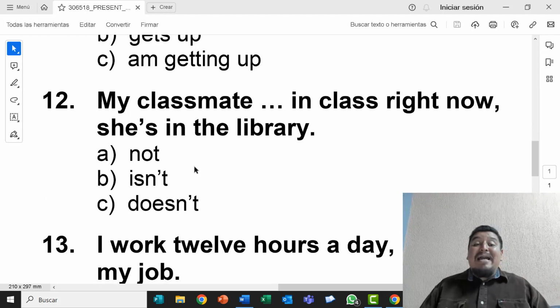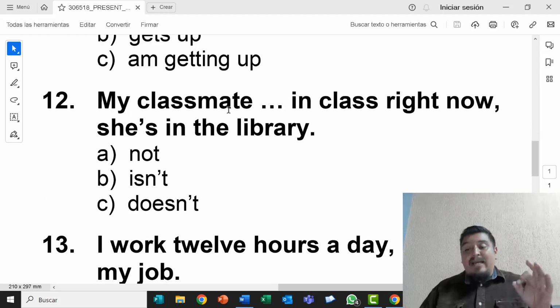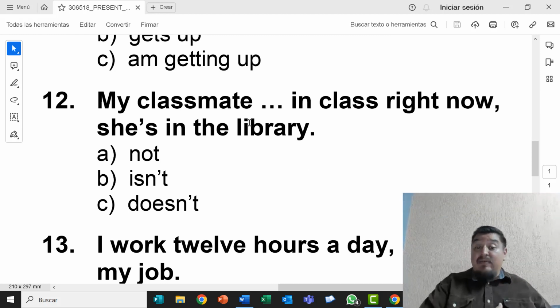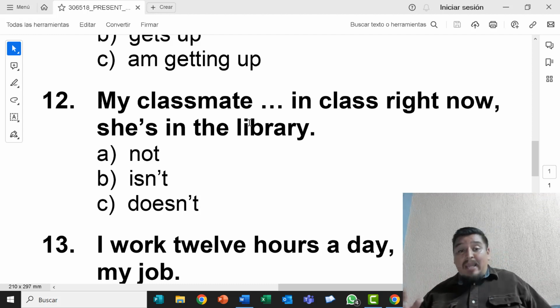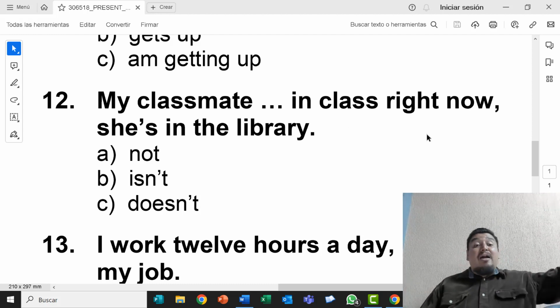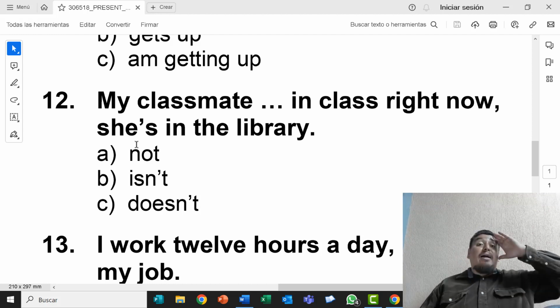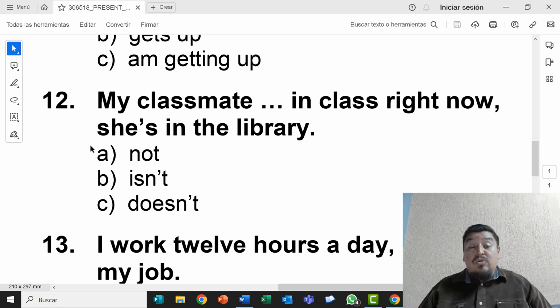Number 12, my classmate, mi compañero de clase. I don't know if you're talking about a girl or a man. So my classmate in class right now, she's in the library. Now I know that you're talking about a girl. Your classmate is a girl, but she's not in class right now.